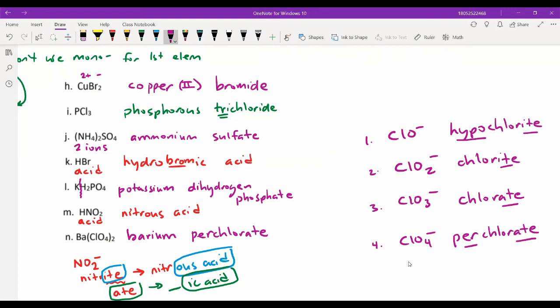So for example, for nitrogen, there's just nitrite and nitrate, but certain things like the halogens, chlorine and bromine, you might have 4 different ions that have oxygen, and the different numbers of oxygens correspond to the prefixes and the suffixes of that name of the ion. So again, if that makes sense, it's going to be a little bit of learning the rules, some memorization, but I think just repetition will help to get these to stick in your head.